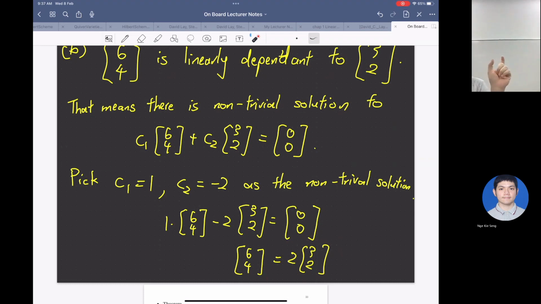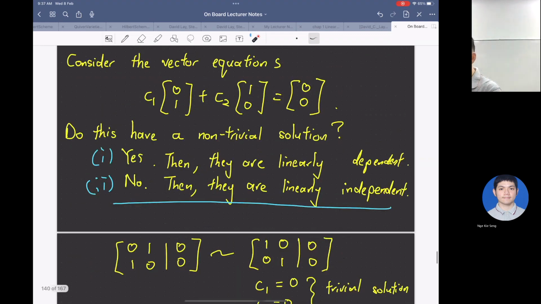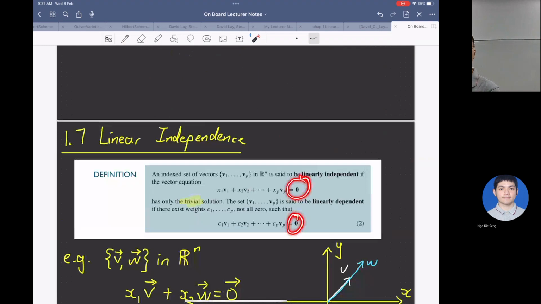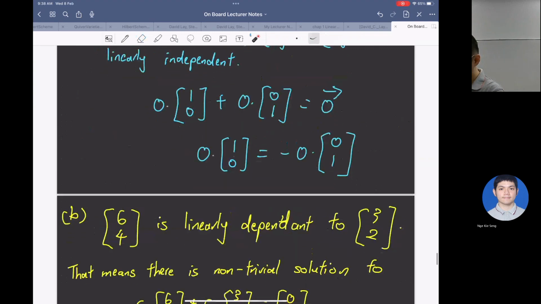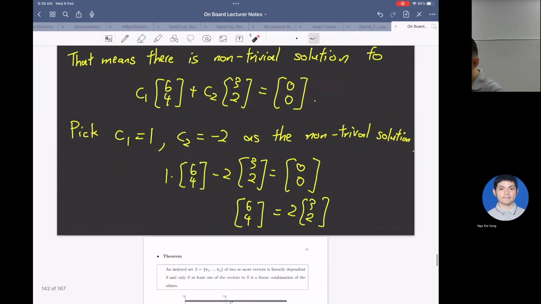That's why we set this vector equation equal to 0 here, because we only want scalar multiples and vector addition between the vectors.